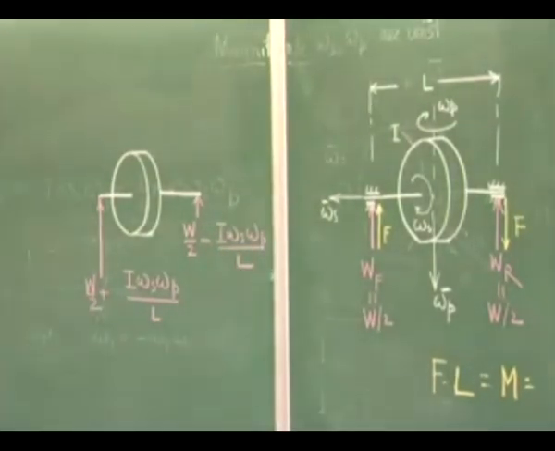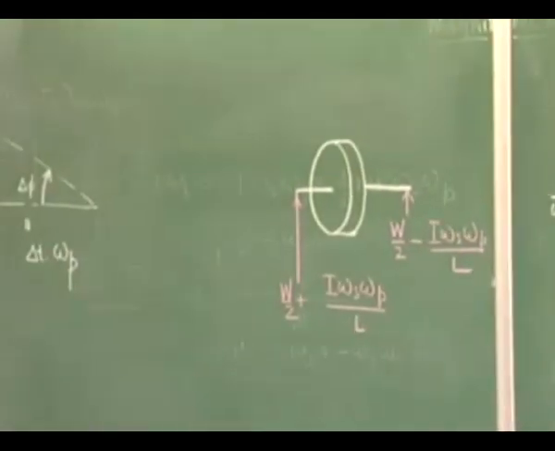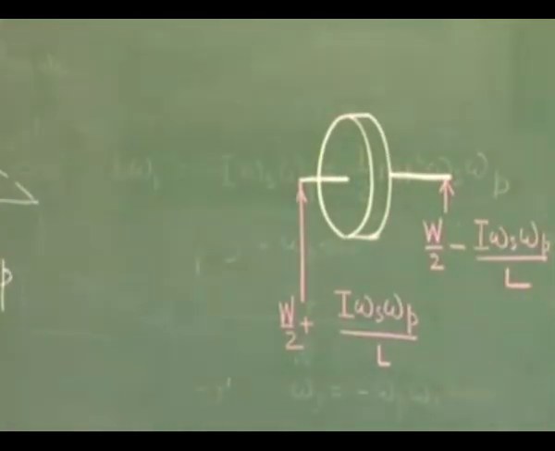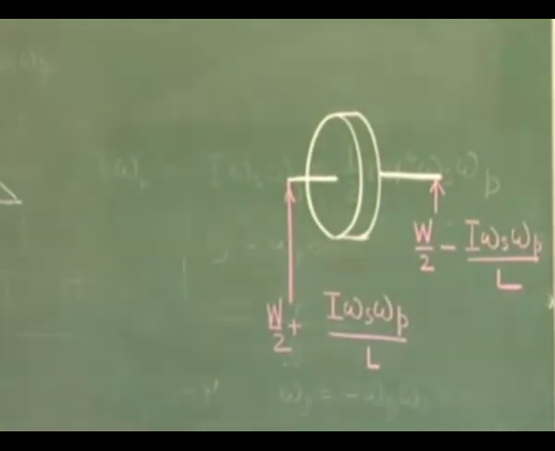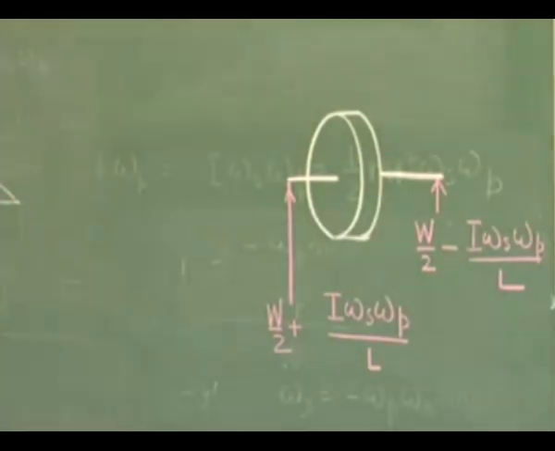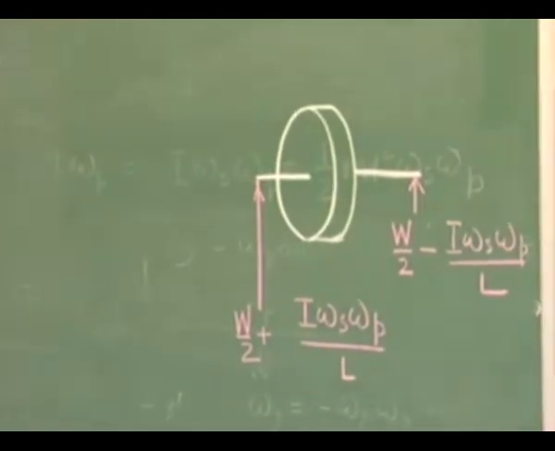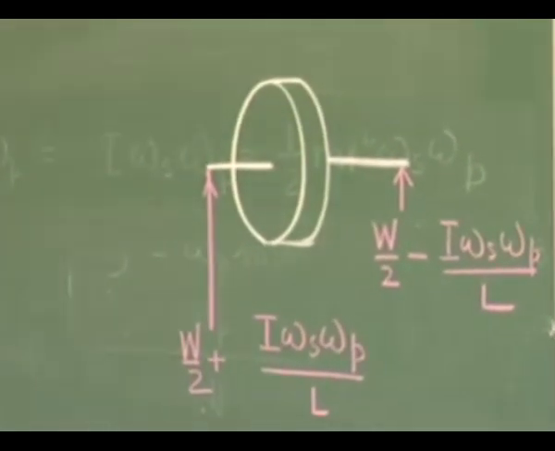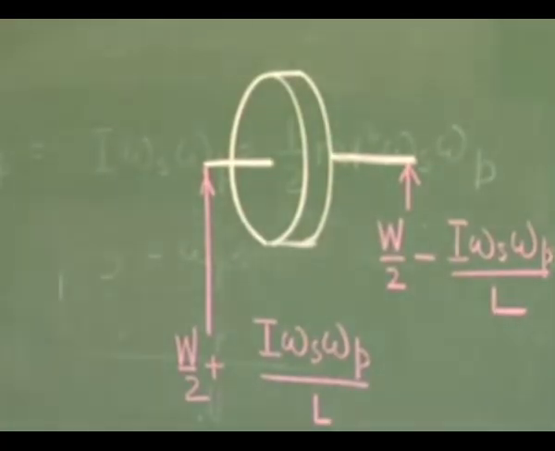So the bearing reactions will now depend on this particular effect. This effect, that a rotating or spinning body, when its axis of rotation is given a precessional motion, requires a moment to be applied in a mutually perpendicular direction, is called gyroscopic action or gyroscopic effect.